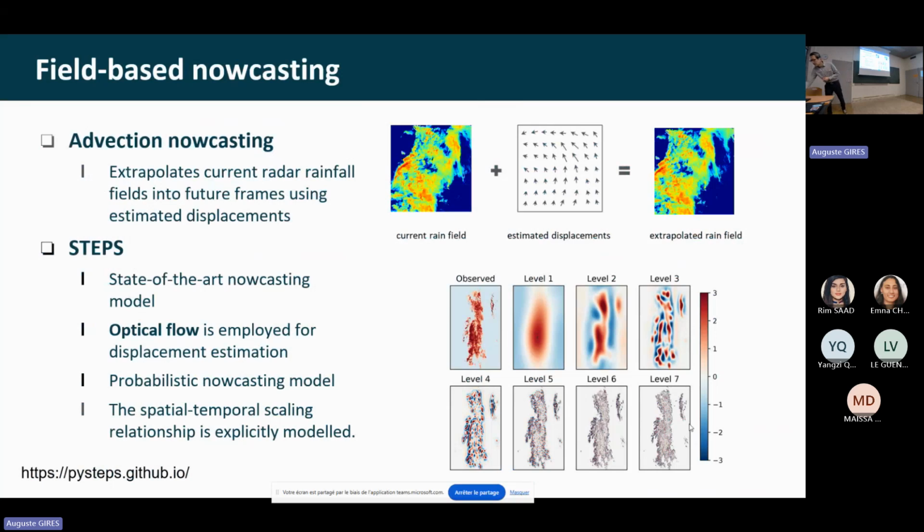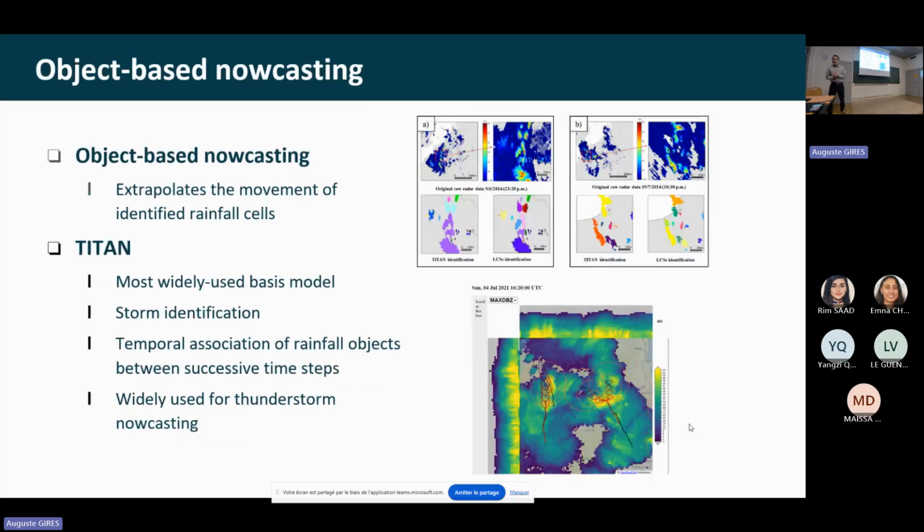The second method is object-based nowcasting. Instead of modeling how the entire field moves, object-based methods first identify rain cells from the radar image at each time step, and then try to associate cells from different time steps to identify that this cell will move to this location in the next time step. It's called object-based.